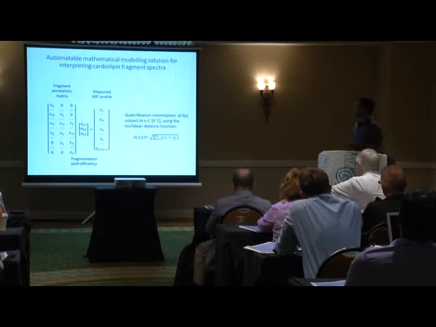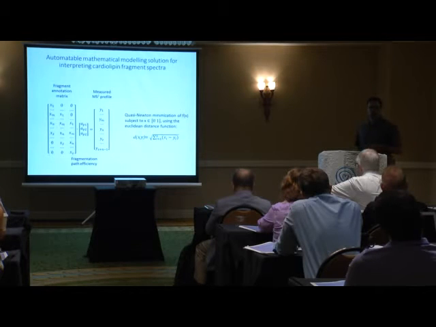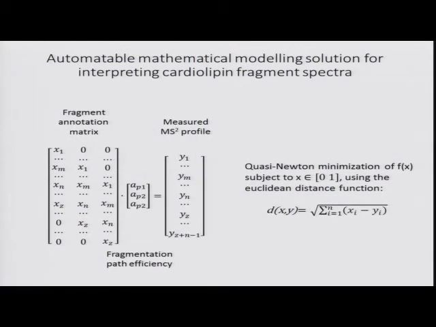Just some details: the distance measure that I use is a Euclidean distance, but other distance measures work too. I use a quasi-Newton minimization algorithm, but other minimization algorithms work as well. However, this was the fastest. Normally, for 3,000 spectra, it takes 5 minutes to analyze.